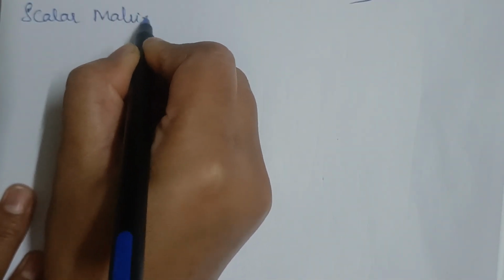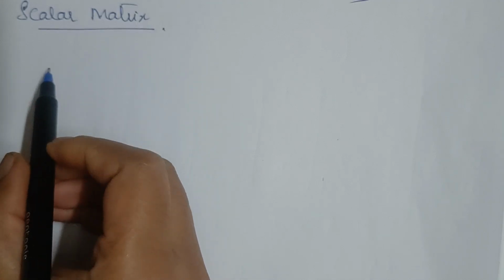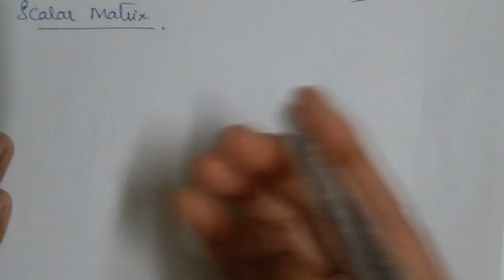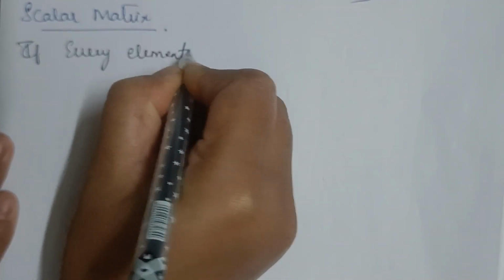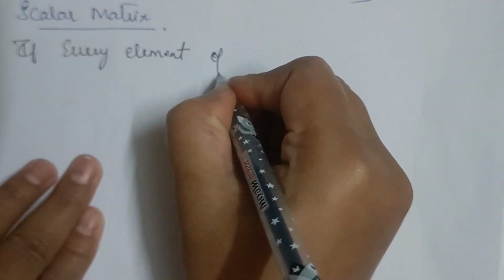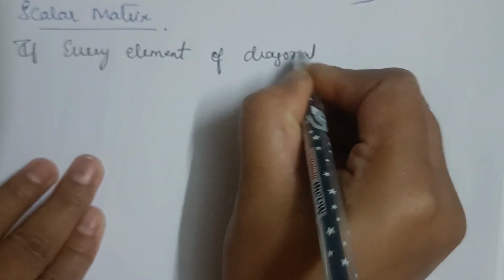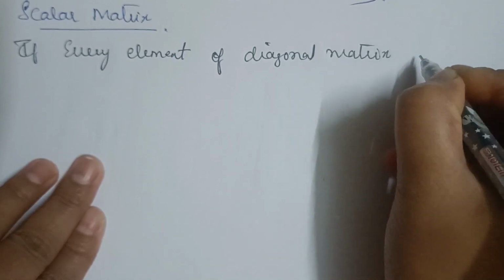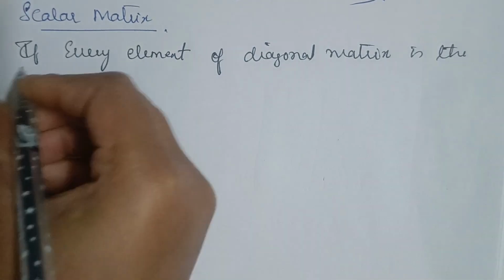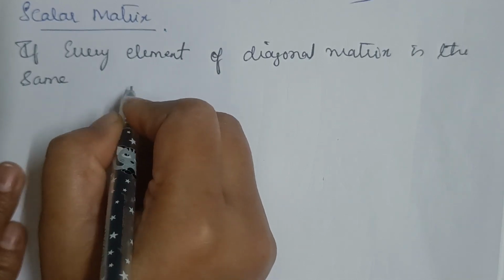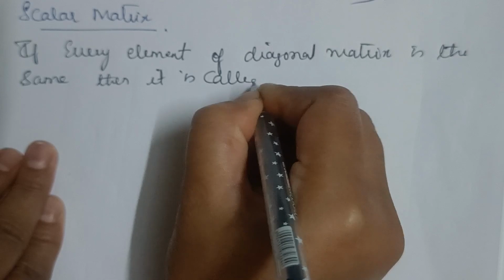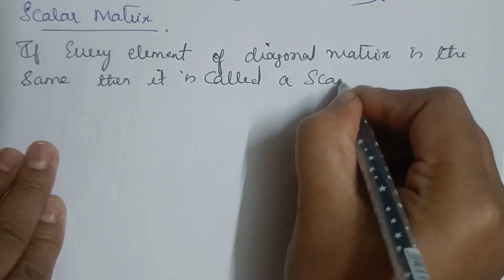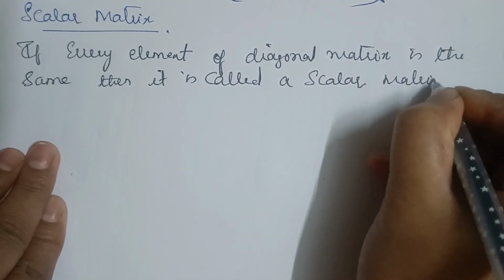The definition is, if every element of a diagonal matrix is the same, then it is called a scalar matrix.